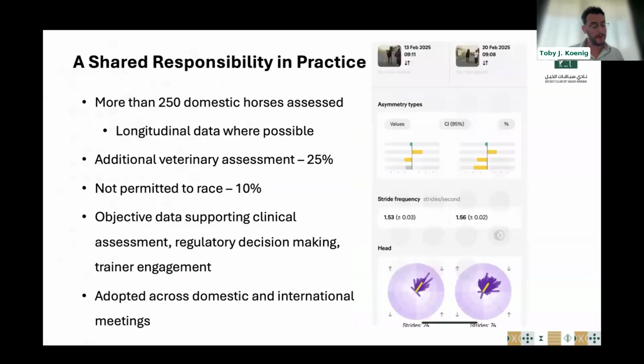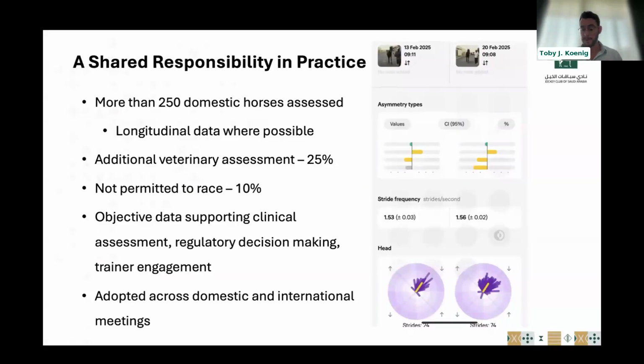We found that around 25% of the horses that underwent inspection were required to undergo additional clinical veterinary scrutiny by our international team of clinical veterinarians. And ultimately, around 10% of those horses were not permitted to race at the Saudi Cup international meetings for a variety of reasons.